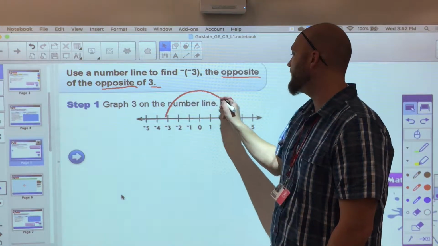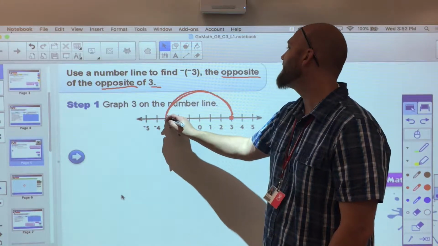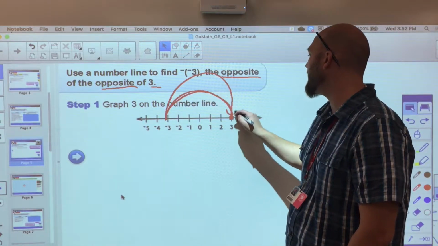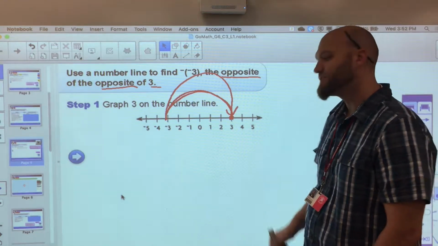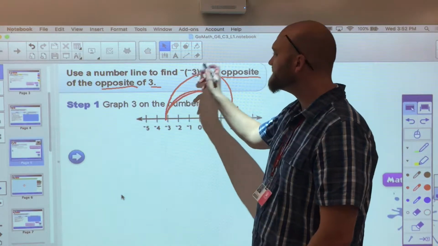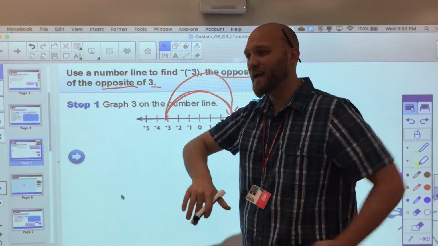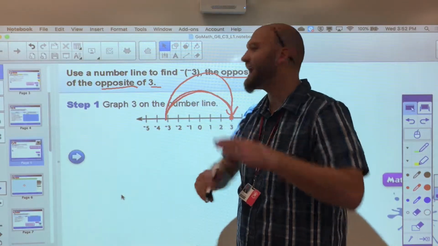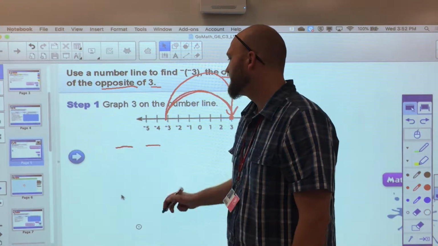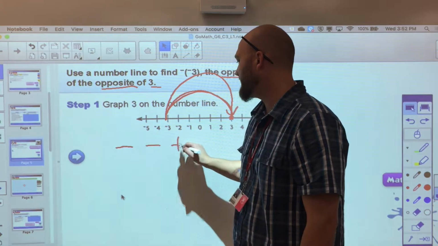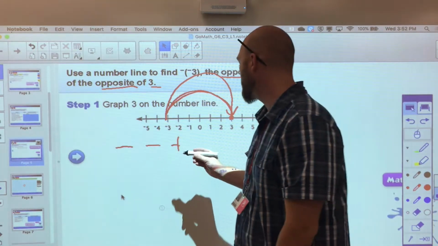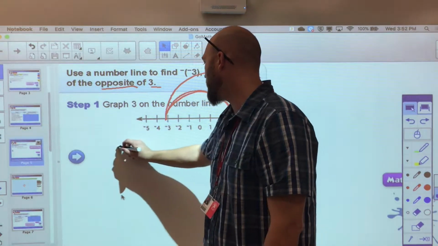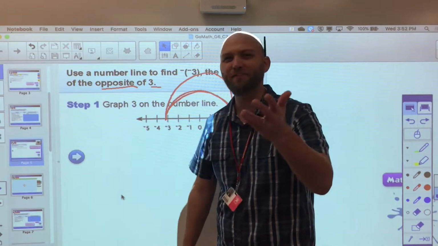So I went to 3, and I found the opposite of 3, and then I need to come back and find the opposite of that. So starting at 3, and then I make it a negative 3, and then I put a negative on that. 2 negatives sort of come together and make a positive. People always say, 2 wrongs don't make a right. Well, they kind of do in math sometimes.